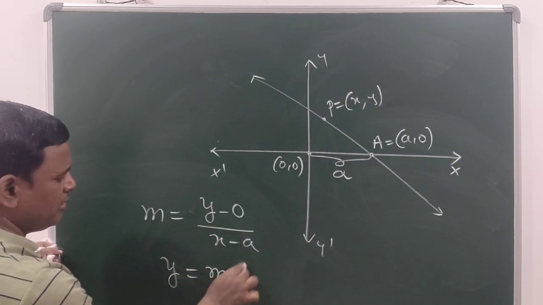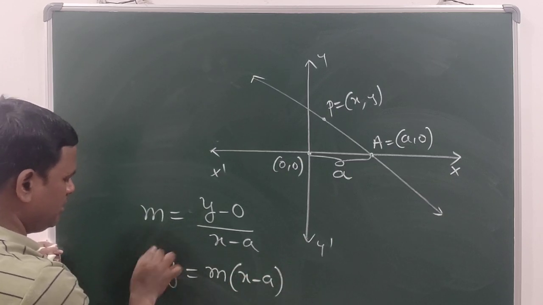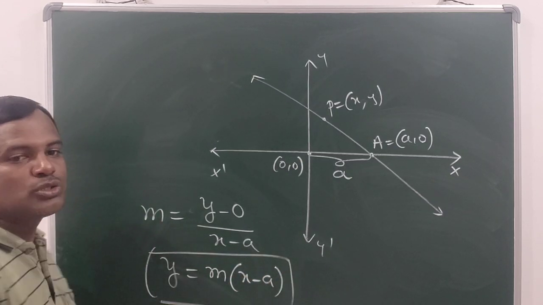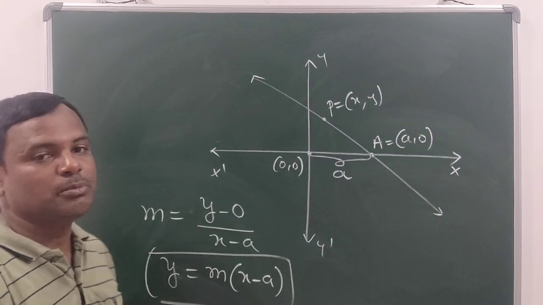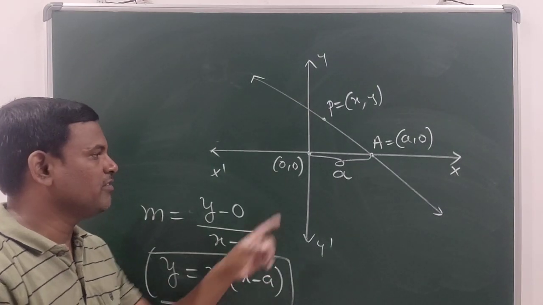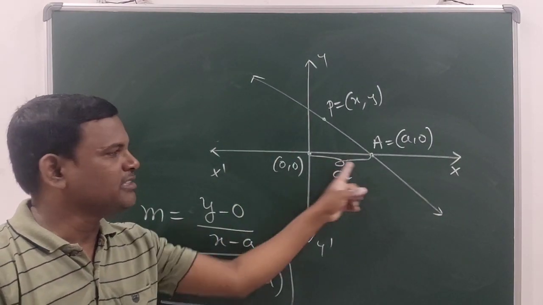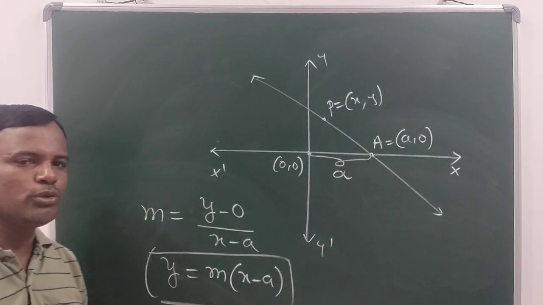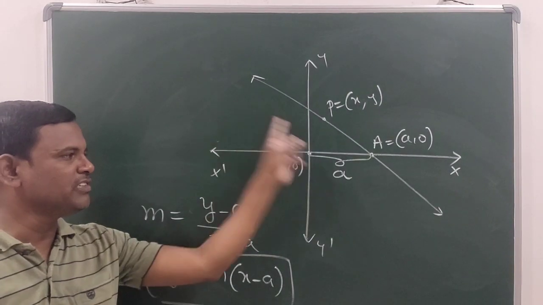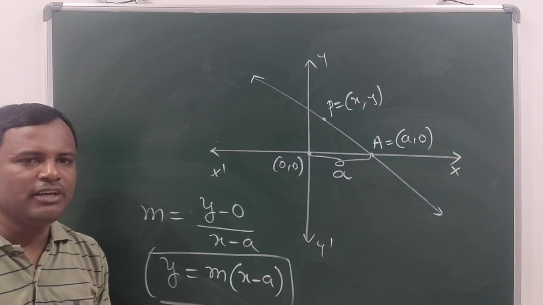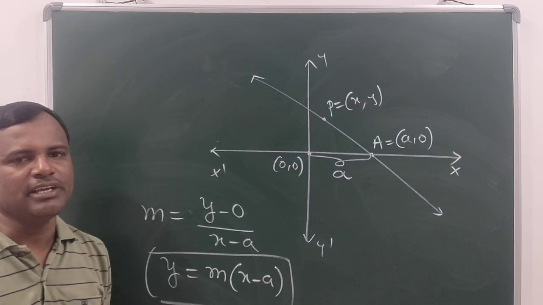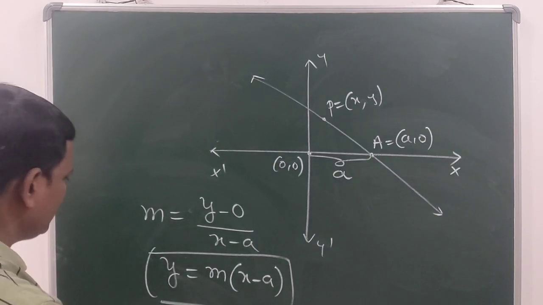So what do you get? y equal to m into x minus a. So what is this? Slope and x-intercept form of a line equation. When the slope of the line and x-intercept is given, in such case you have to use this formula to find the equation of this line. Y equal to m into x minus a.